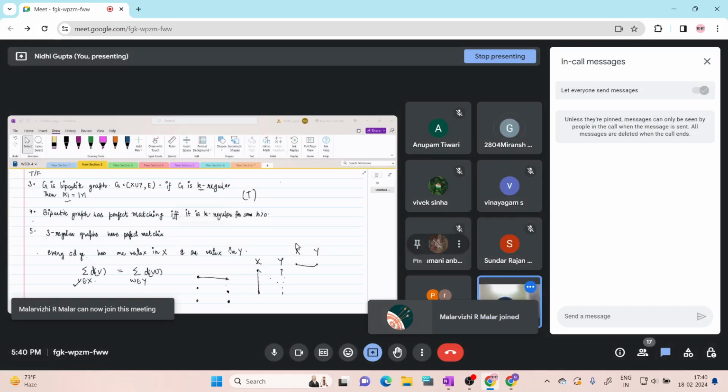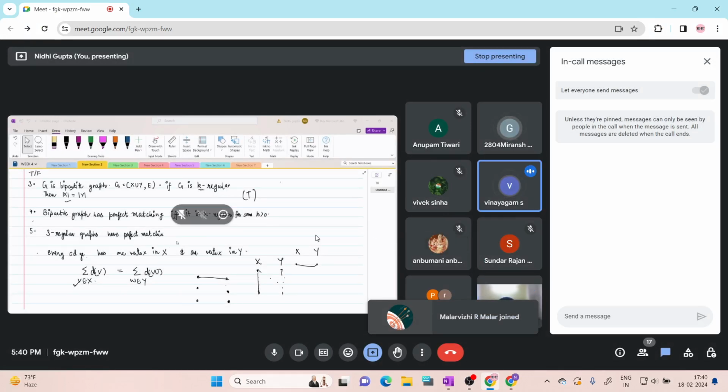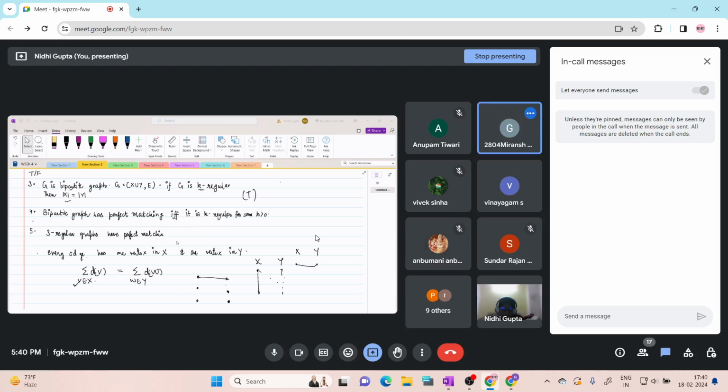So, ma'am, we have to do the same thing for every vertex. Each edge contributes to the degrees twice. So first, okay, wait, Miraj. Sorry, Vinayak, you continue.